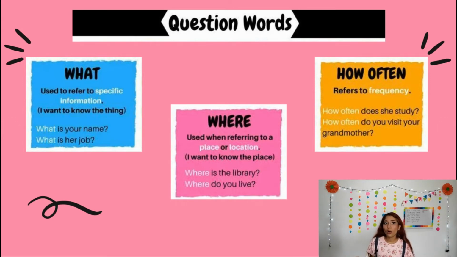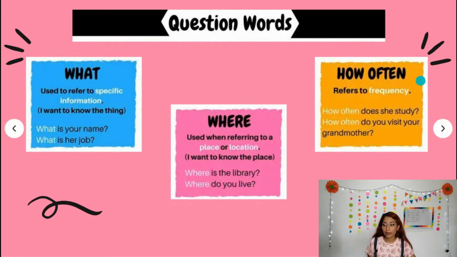For example, when you are walking on the street and you need to find a place. So, where is the library? Well, the library is on the corner of, in front of, etc. I want to know where the library is, the location of the library.